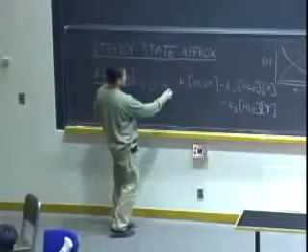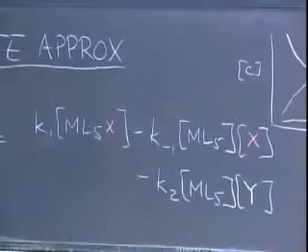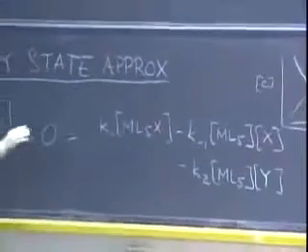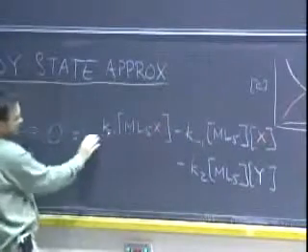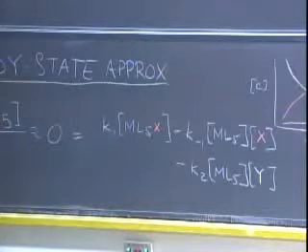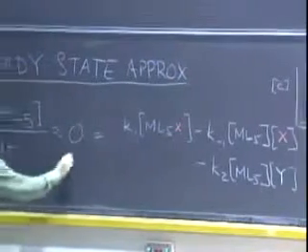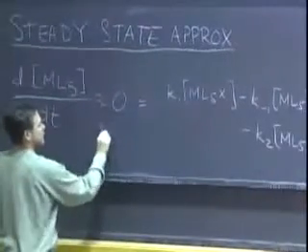We've set this equal to 0, meaning that ML5 isn't building up. Now we can rearrange this expression and solve it for the concentration of ML5.